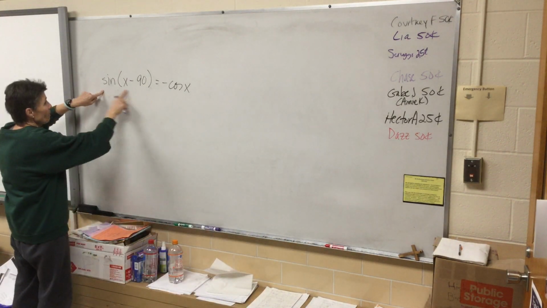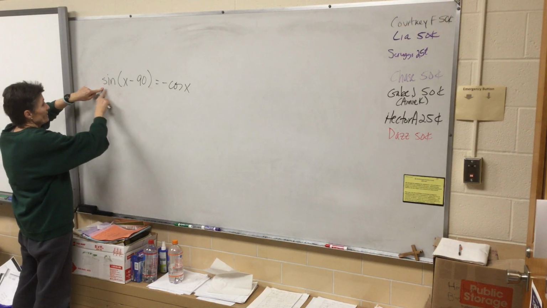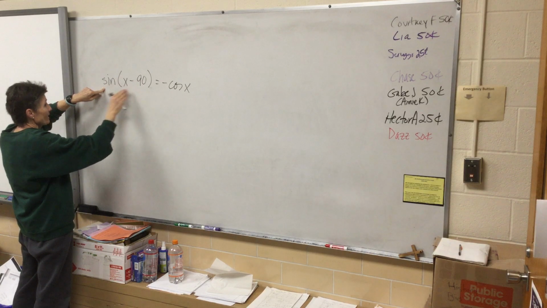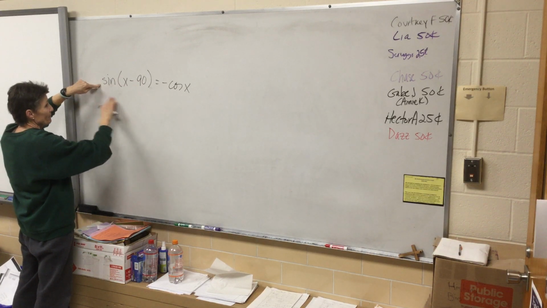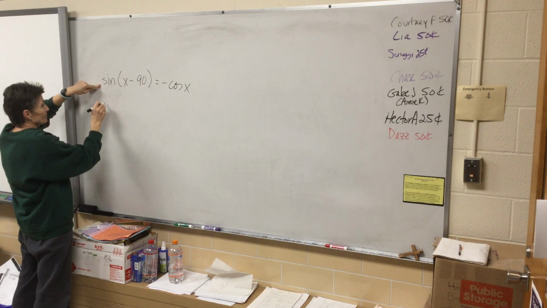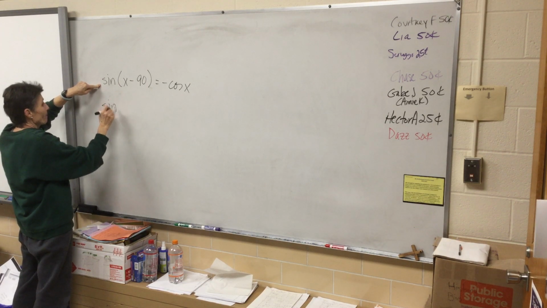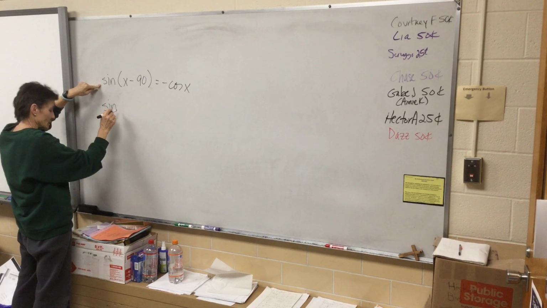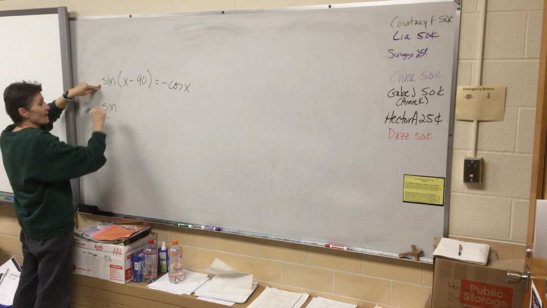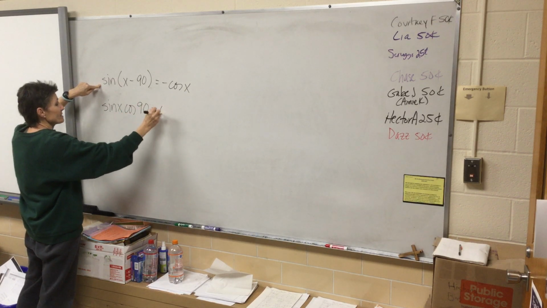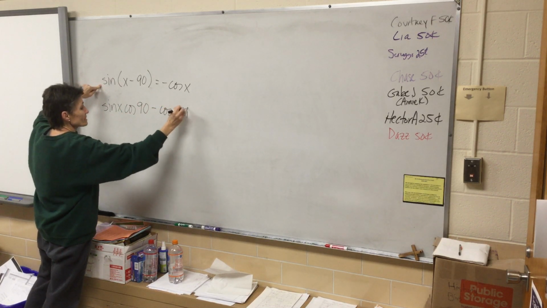Can you break this apart? What does your formula say about the sine of an angle minus an angle? That's your u and your v. Sine u cosine v minus cosine u sine v. And I'm putting in the x and the 90, so it'll be sine x cosine 90 minus cosine x sine 90.